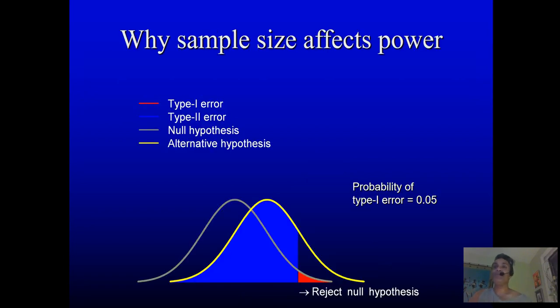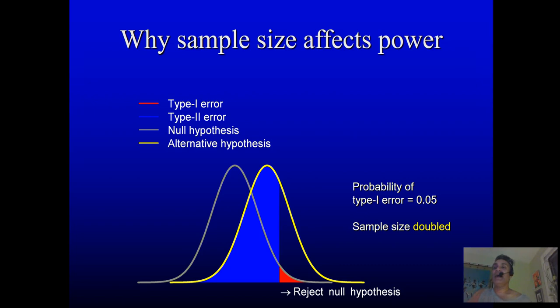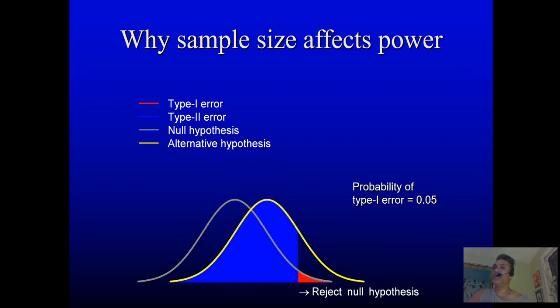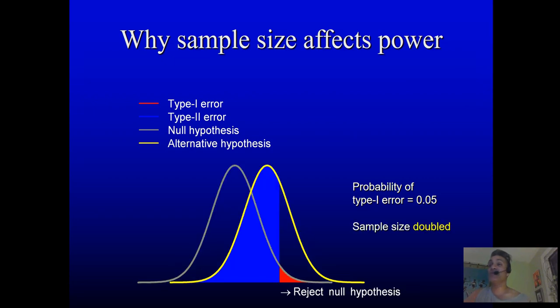Well, I can change my sample size. Well, before I said if I moved my curves further apart, if I said I'm willing to compromise the fineness and the resolution of my detection, then I can reduce the error. Another way is to just increase the number of people in my sample. Here I've doubled the sample. See, here to there I've doubled the sample, and the blue part got smaller.